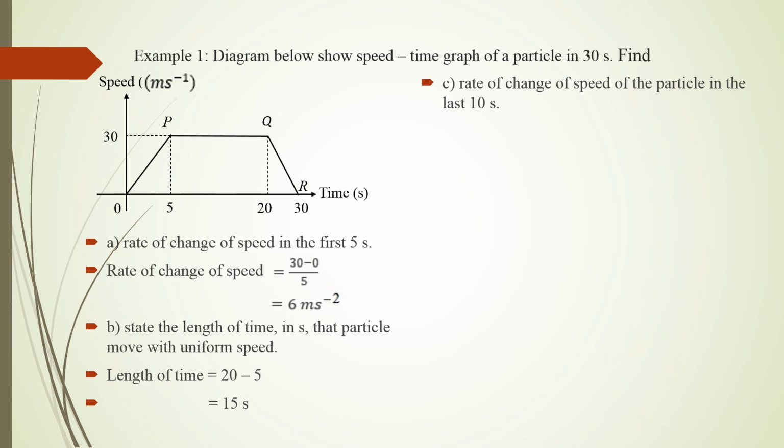C. Rate of change of speed of the particle in the last 10 seconds. Last 10 seconds, refer to the part QR. Rate of change of speed equals 0 minus 30 over 10, meaning find gradient, equals negative 3 meter per second per second.